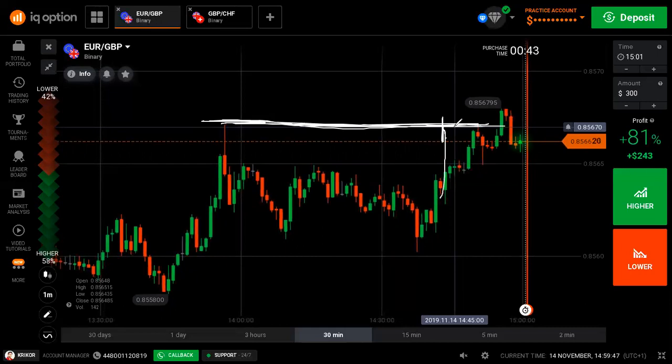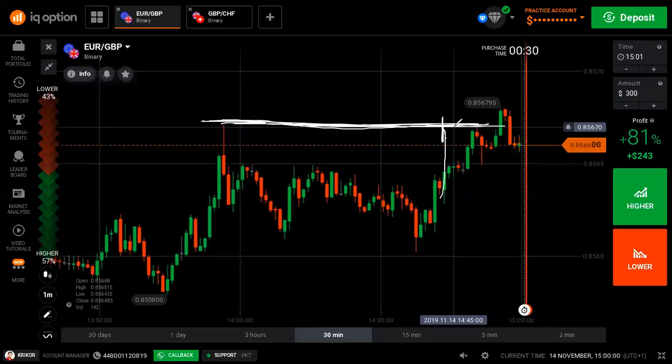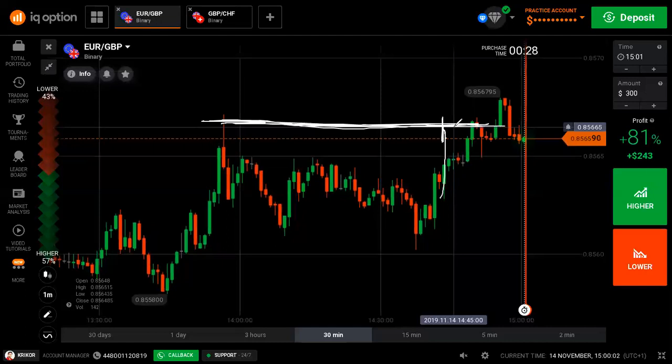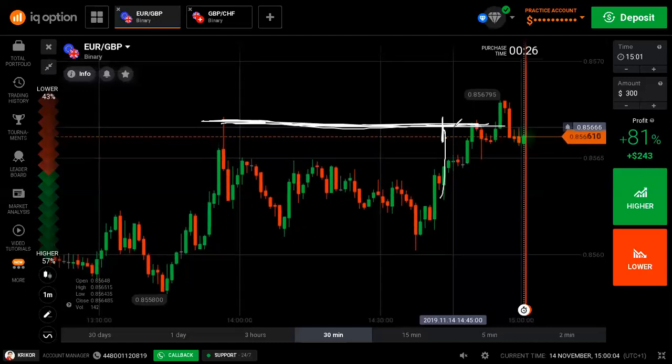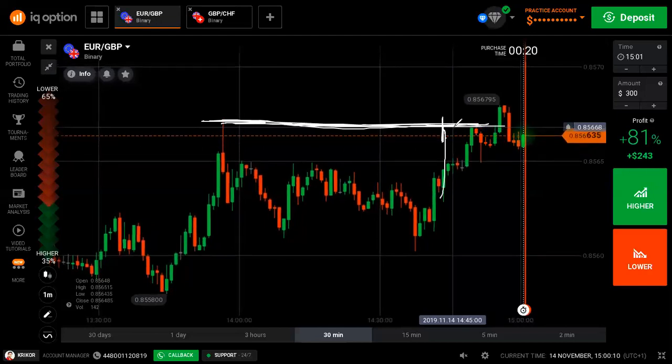When you see touch, the next thing you look for is a reversal candlestick. I'm giving you a strategy that will protect you from some of the common losses.